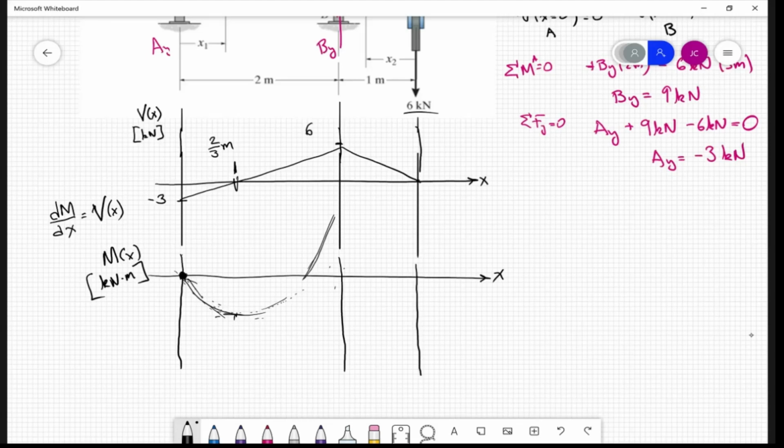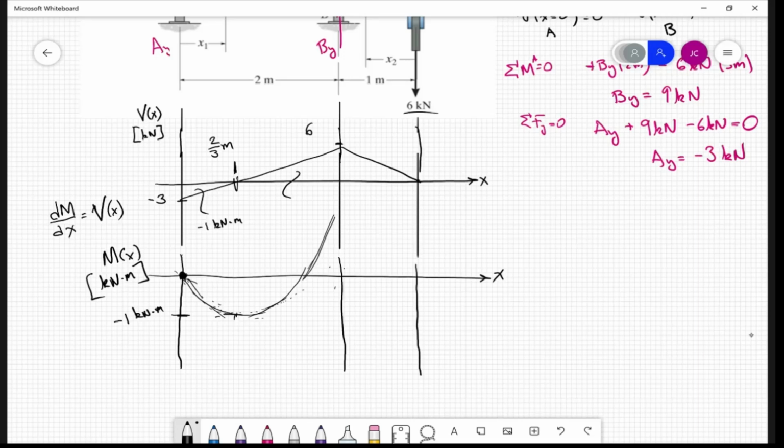We can get the bending moment. That area is going to be minus 3 times 2/3, that's 2 kilonewtons, and then 1/2 of that. So this is minus 1 kilonewton meter. That's going to be the value there. And then we're going to go up this area here, starting from minus 1 kilonewton meter.